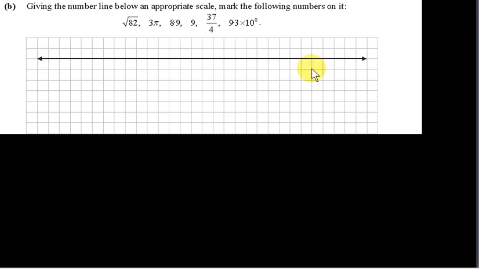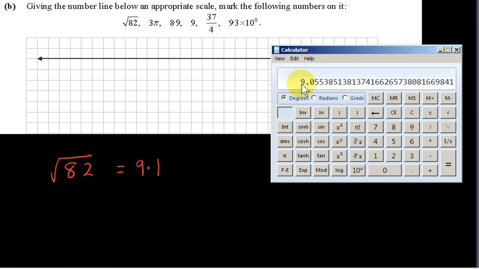So we want to apply an appropriate scale here. So first of all, we better get the decimal representations for these numbers. Now I'm going to write each of these numbers to 1 decimal place. If you get the square root of 82, you get this number. So the second place is 5 or more, so we add 1 to the first place, we get 9.1.